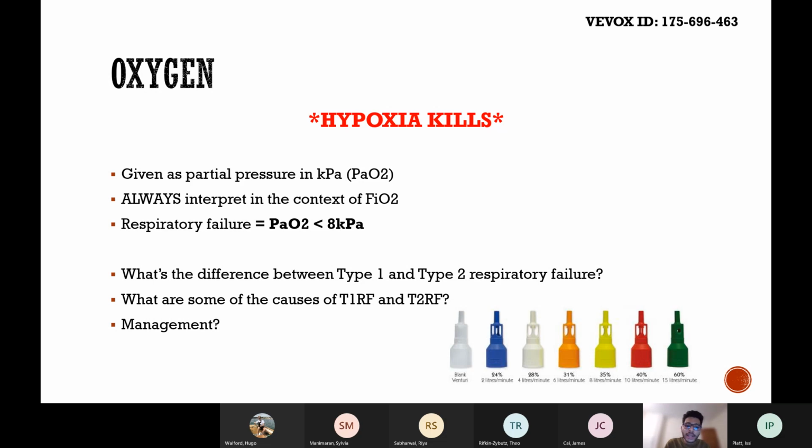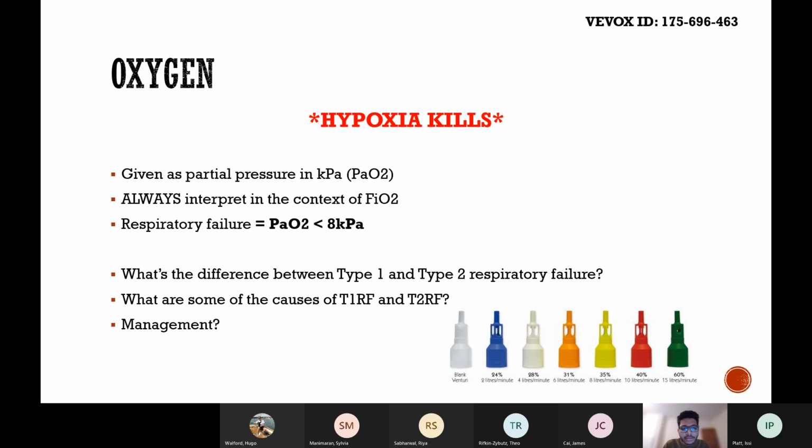And could you therefore give me some causes of type 1 and type 2 respiratory failure? Don't worry if not, we're going to go on to some causes on the next slide.